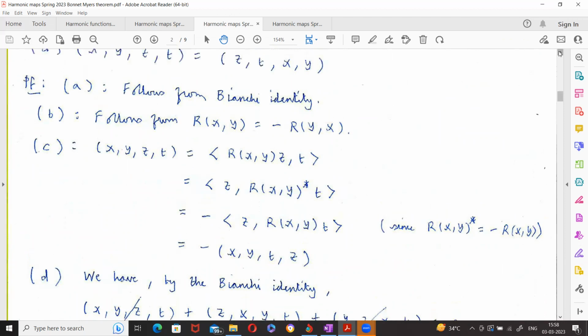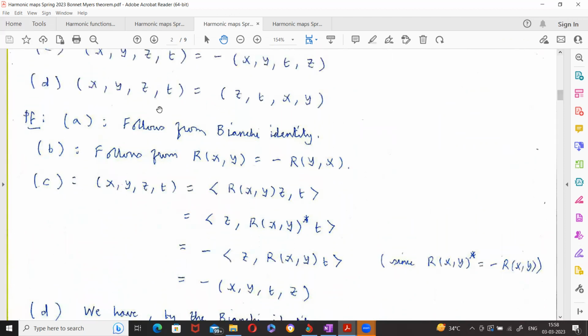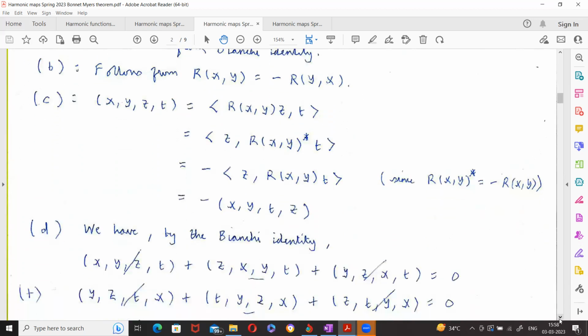And finally, to finish, we have this last property: if I interchange XY and ZT, then this 4-tensor doesn't change. So [X,Y,Z,T] is equal to [Z,T,X,Y]. The proof of this is a little computational trick.